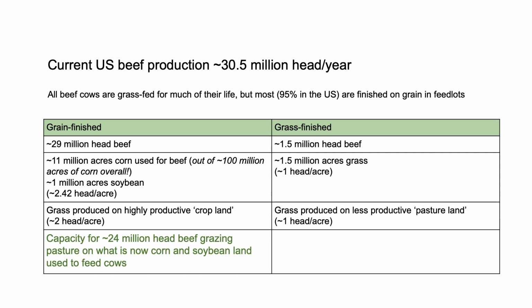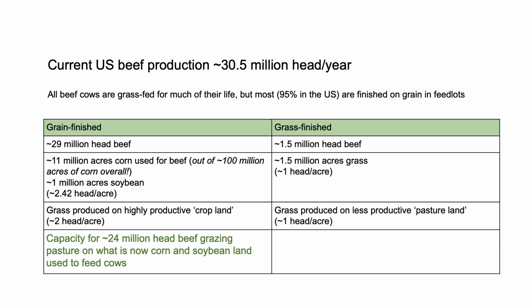So for grass produced on highly productive cropland, if we give a conservative estimate, we might say we could raise 2 head per acre. So there really is a capacity out there for about 24 million head of beef grazing pasture on what is now corn and soybean land that's used to feed cows. So in other words, this is a long-winded way of saying we use much of the grain that we grow now and much of the land that we use to grow that grain to feed livestock in confinement situations.